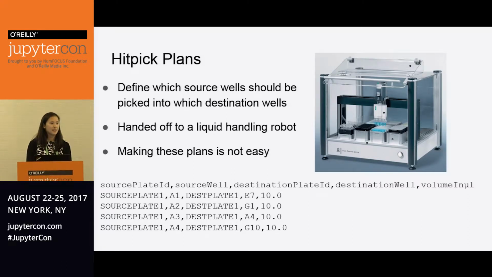So there is the idea of hit picking, and then we have our hit pick plans. And our hit pick plans define which source wells should go into which destination wells. On your right, you can see that that's a liquid handling machine. So a lot of the pipetting that we do now is done by a liquid handling robot.